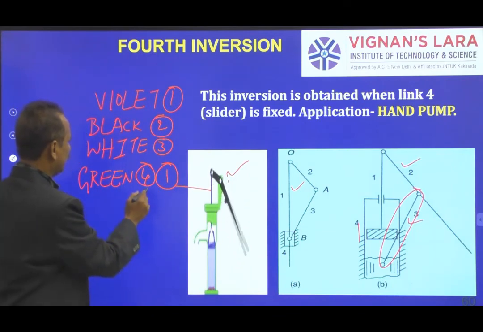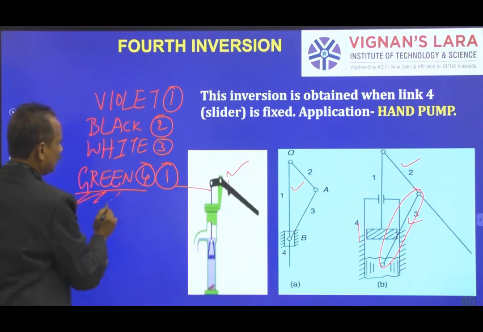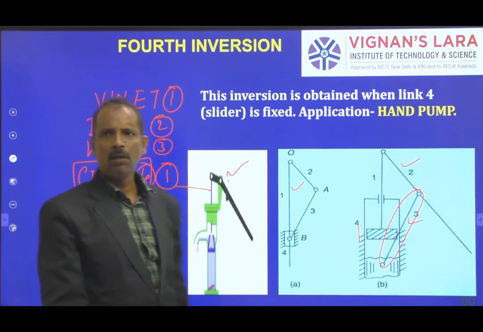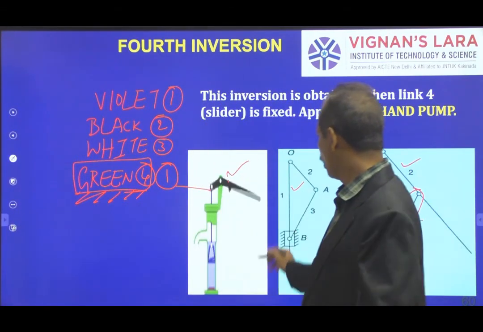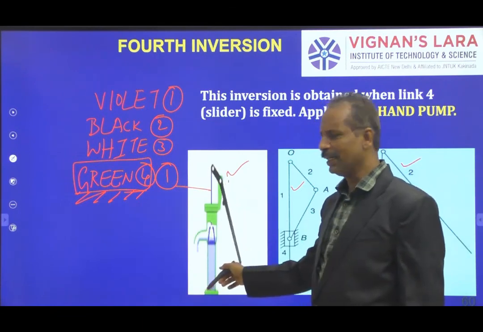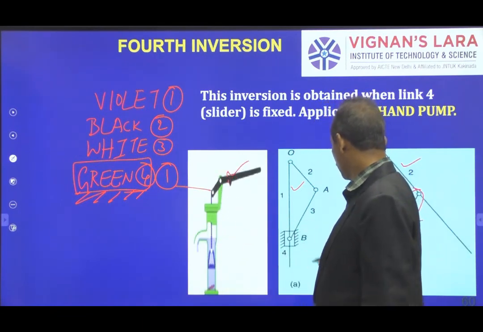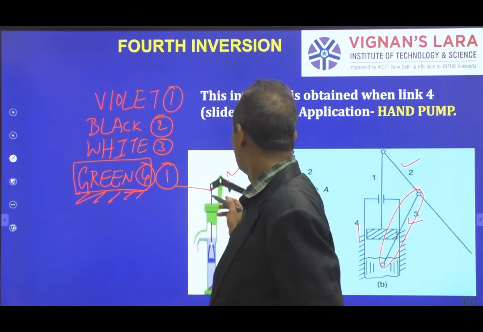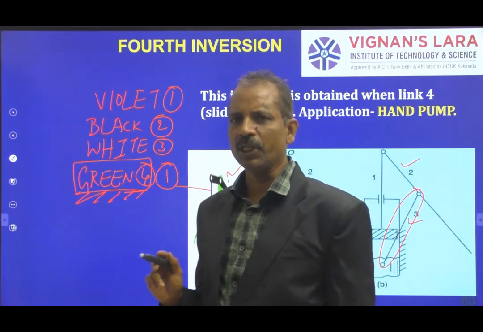That is the fixed link. So the green colored one, that is the casing, is not moving, it is restrained. So this is the fourth inversion of the single slider crank chain.